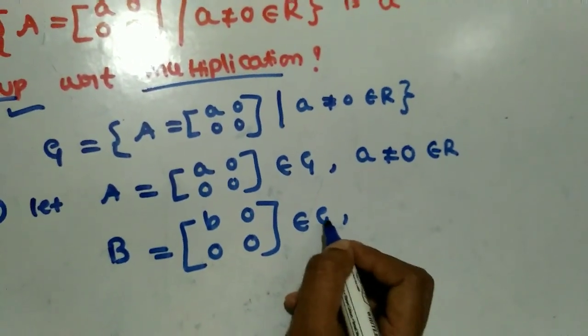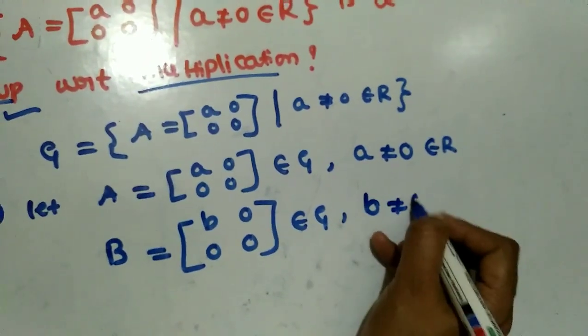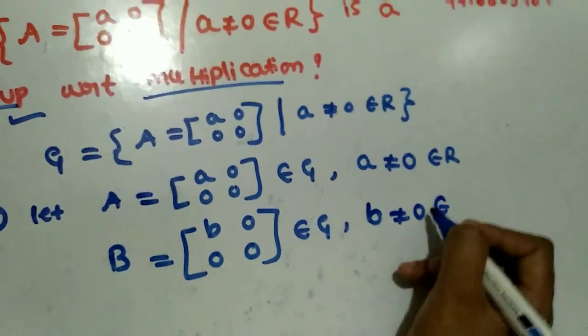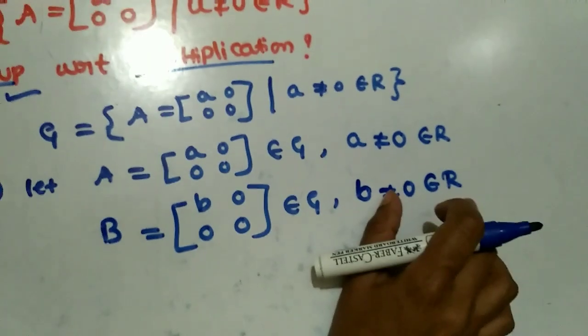So my element is B, therefore this B is not 0 but it may be any number in the real number set.